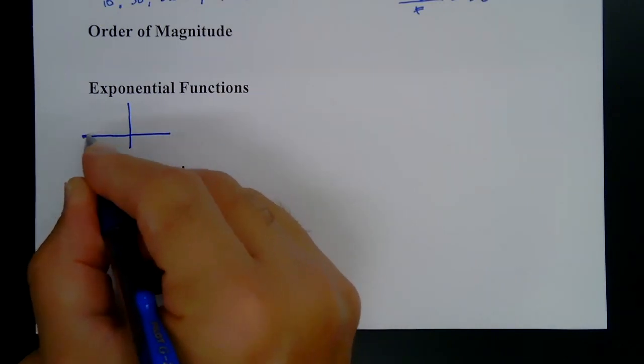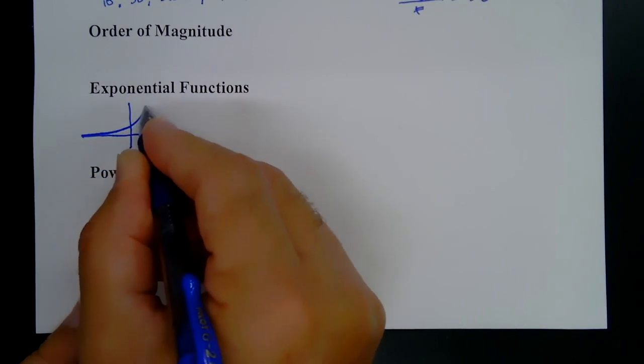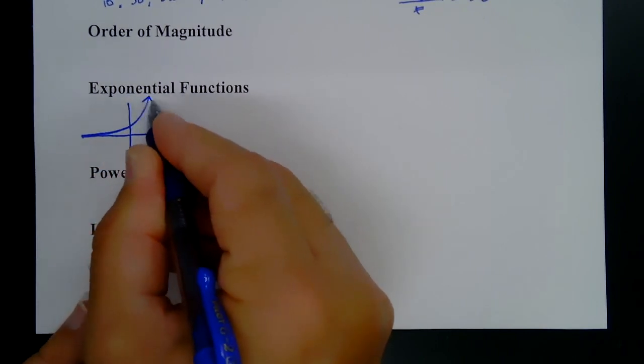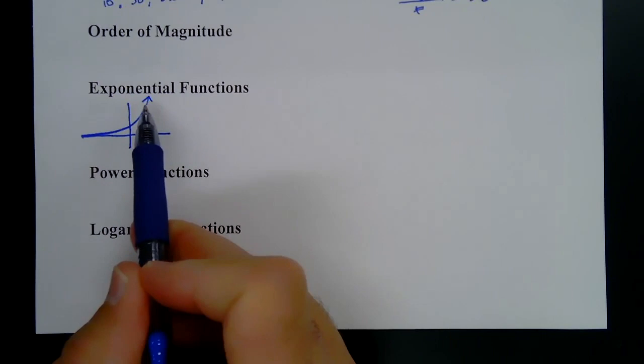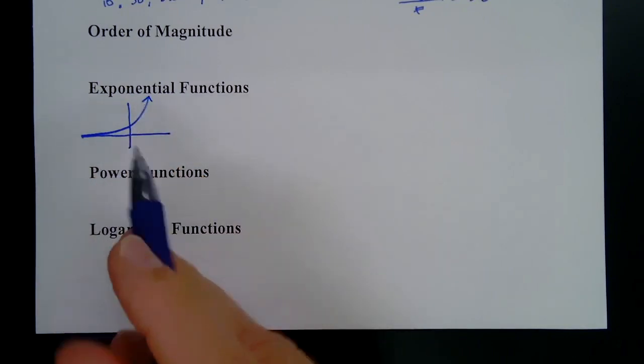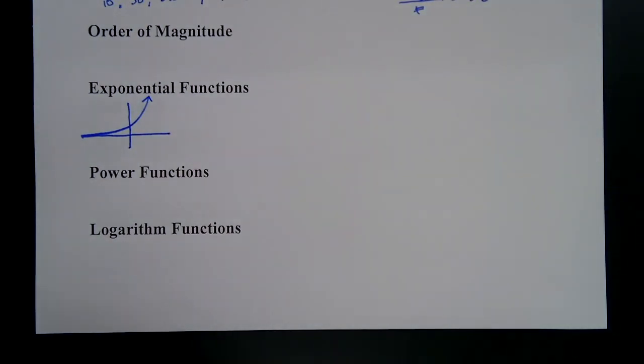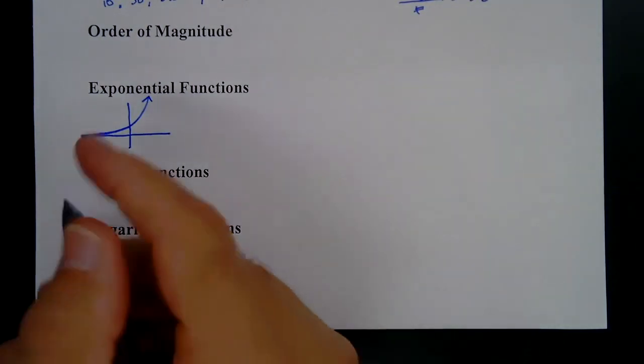It starts out here, and on one side, it's really close to 0. So on one side, it's really small, but on the right-hand side, it's really, really big. So we need to be careful. It only grows on one side, okay?